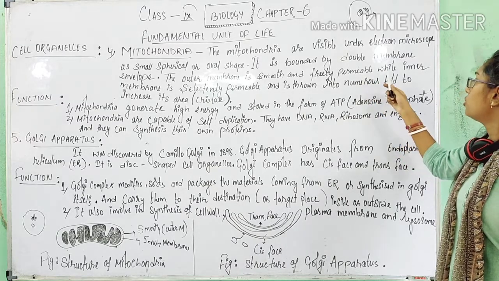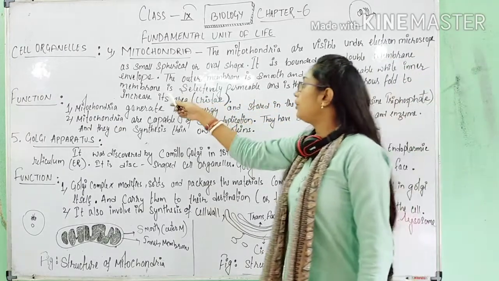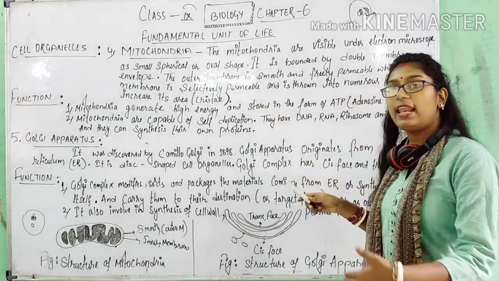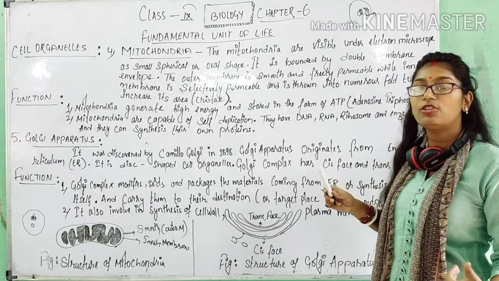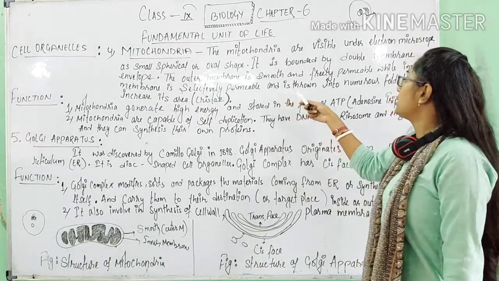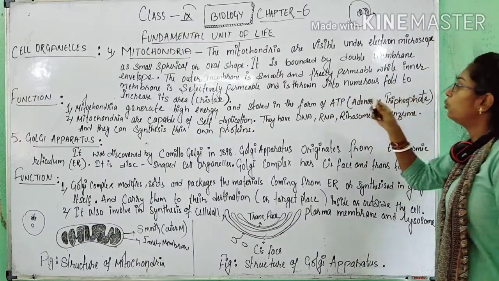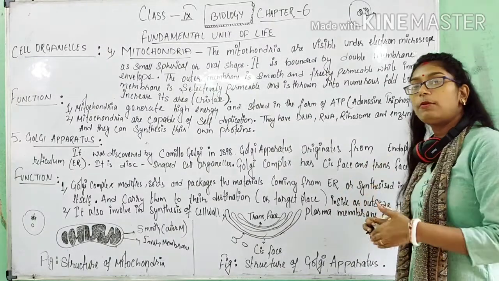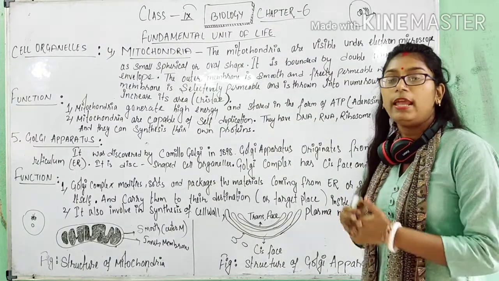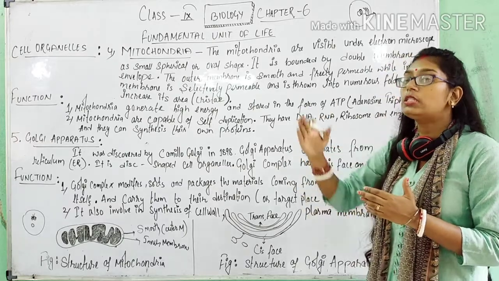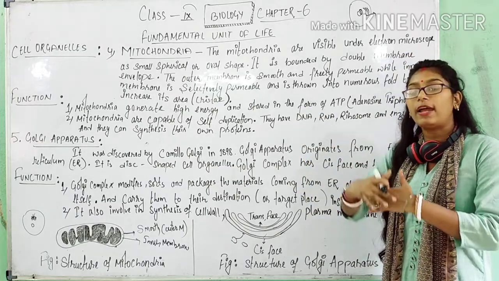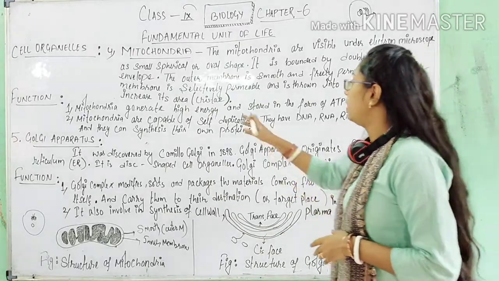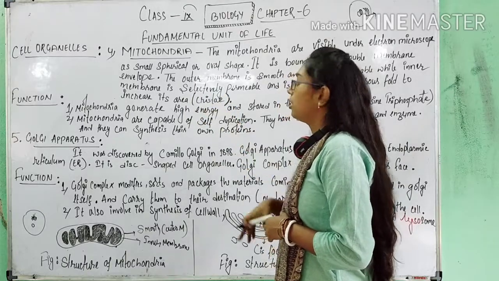Important note, while the inner membrane is selectively permeable, because it selects the substances which should enter the mitochondria, and it is thrown into numerous folds to increase its area. These foldings provide enough space for the synthesis or activities. That part is called cristae.